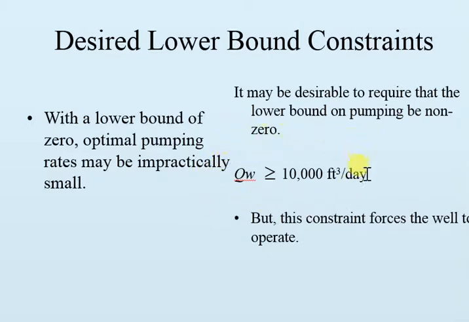But if you explicitly do this, then you've essentially forced the well to operate, which may not be what you want to do. You may wish to see if the optimization algorithm selects the well for operation rather than forcing it to.